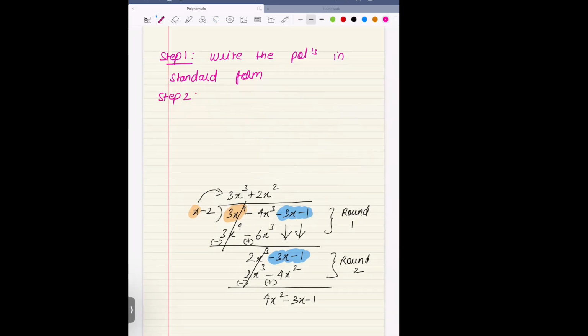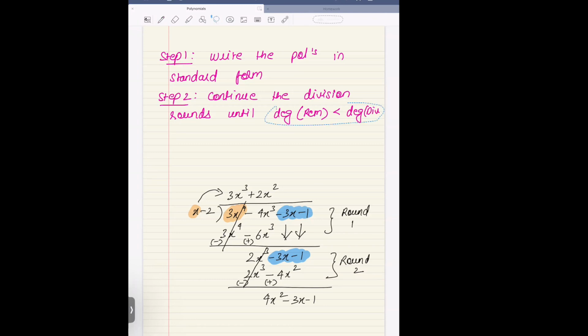Step 2: continue the division rounds until, remember this, degree of remainder is less than degree of divisor. Okay, degree of remainder is less than degree of divisor. Clear? So this is important. So let's go ahead and finish it.